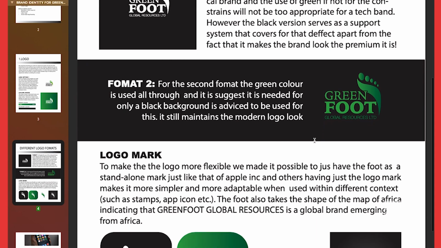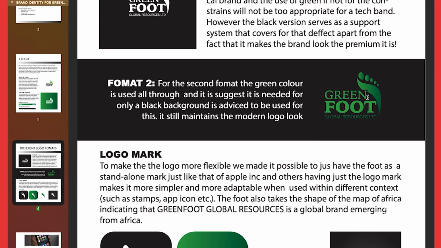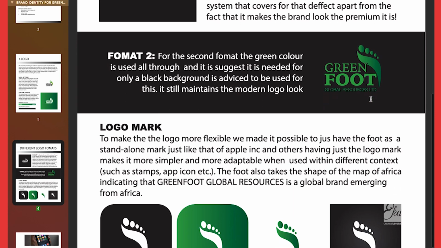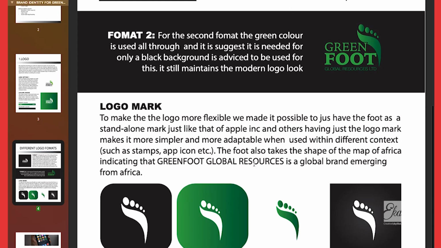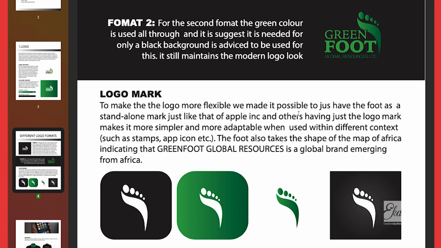So that's for that. So we have the second format, the green format, and you can see it has a gradient on it. The nice thing about this logo is that there is a logo mark. It's not just having this format, the logo is super flexible. That's why I like it. And knowing that this company is a tech company, they will likely have their logos in digital format the most. You'll likely have an app. So I separated the logo mark, as you can see, extracted the logo mark, so it is very flexible.